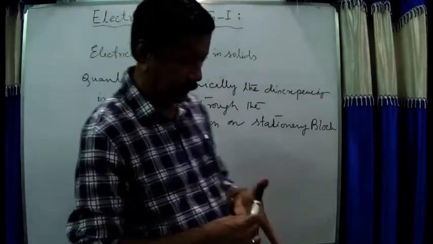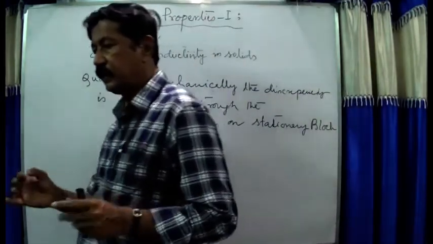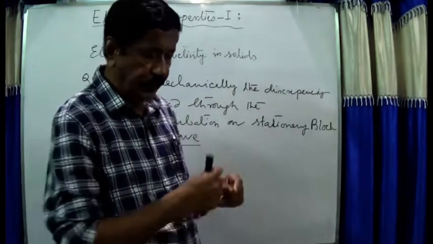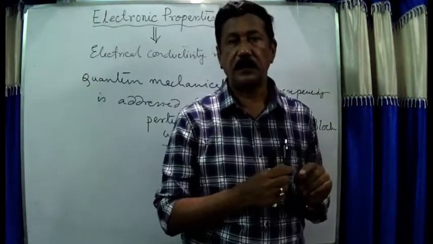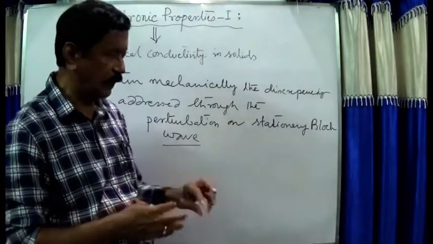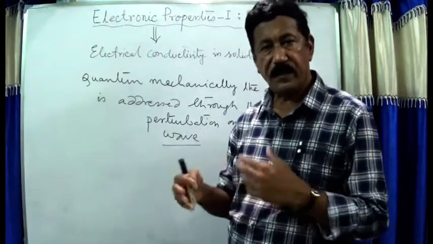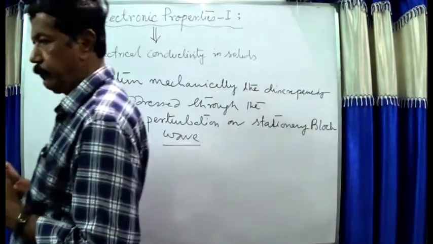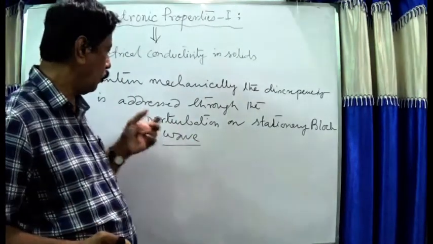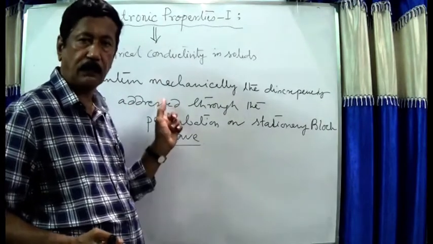Because of the fact that whenever a moving electron inside a crystal is very near the scattering centers or scattering potentials, whatever it be, the incident wave representing the electron, that is a Bloch wave, must be distorted, and so it is treated through perturbation theory. Okay?